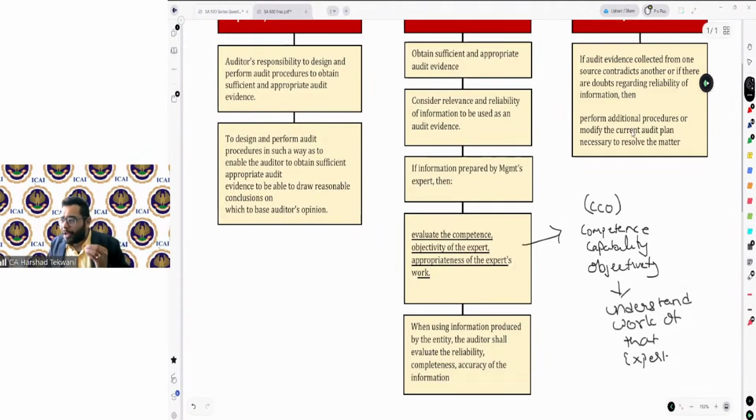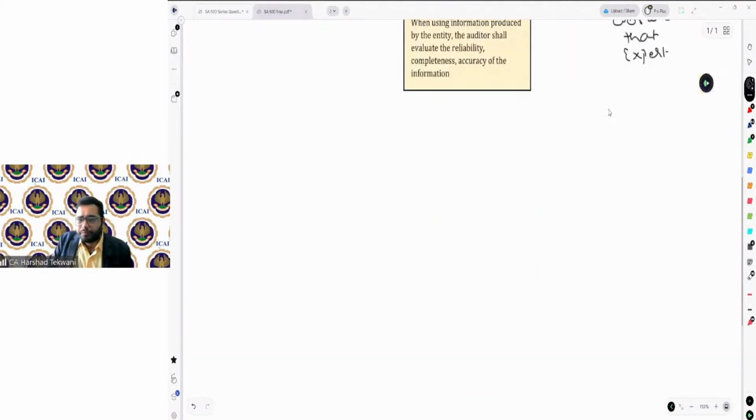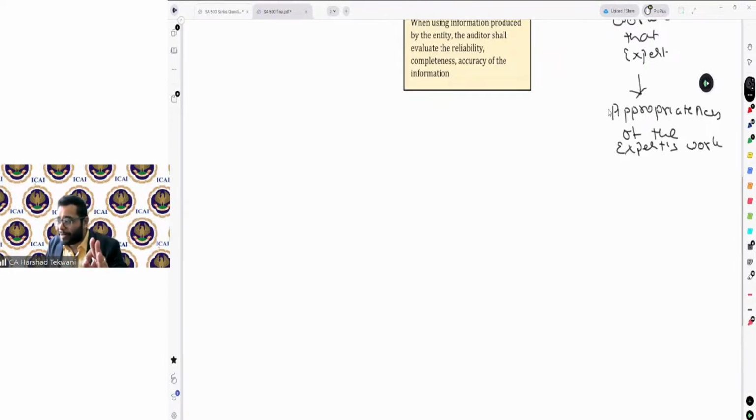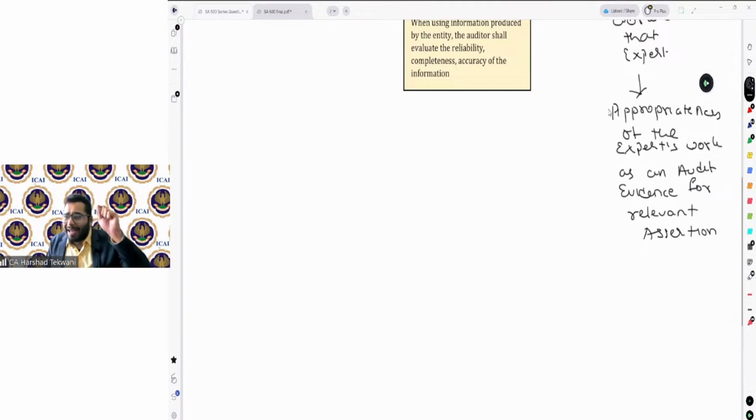I will check the appropriateness of the expert's work as audit evidence for the relevant assertion for which I need audit evidence.